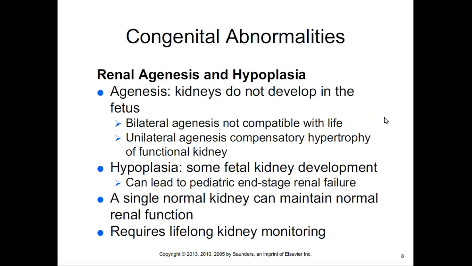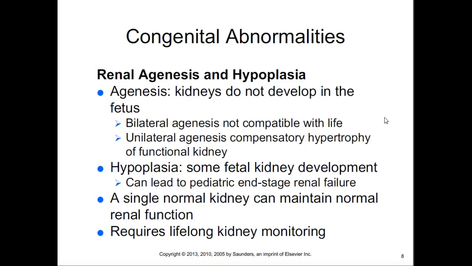All right, so renal congenital abnormalities include agenesis, where the kidneys don't develop normally, right? So clearly, if you have bilateral agenesis, this is not compatible with life, because obviously we must filter our blood.